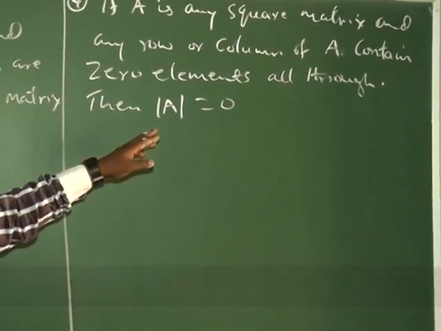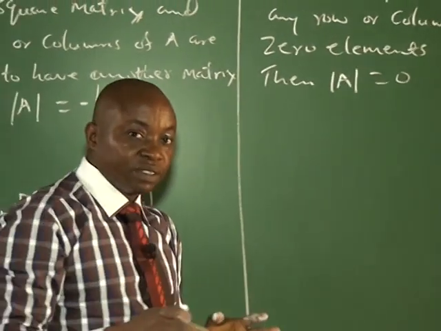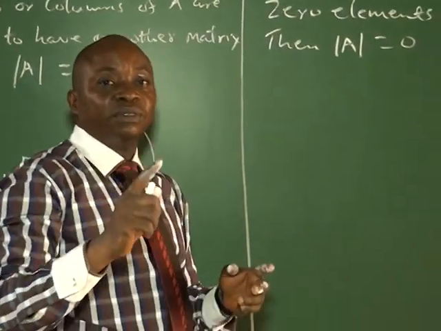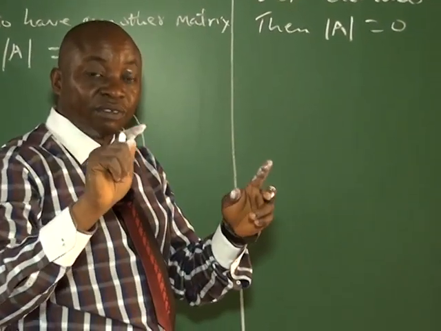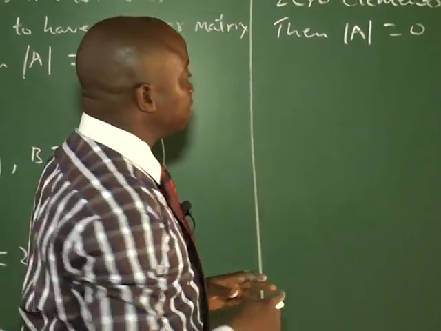Now what we are saying is that if you have any square matrix and there is a particular row or column that contains all 0s, the determinant of the matrix is 0.